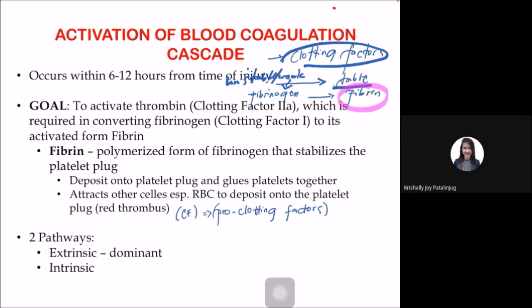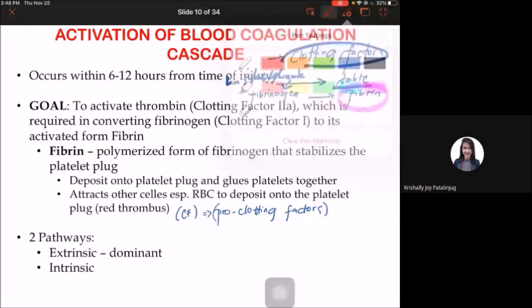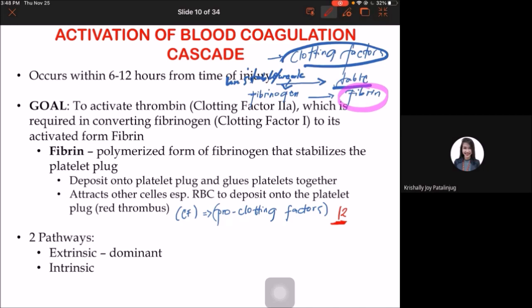With regards to the clotting factors, there are symbols used to identify or represent the different clotting factors. The symbols used are Roman numerals. In fact, there are about 12. There are 12 pro-clotting factors inside our body, and the process of activating these clotting factors is highly regulated and highly structured.